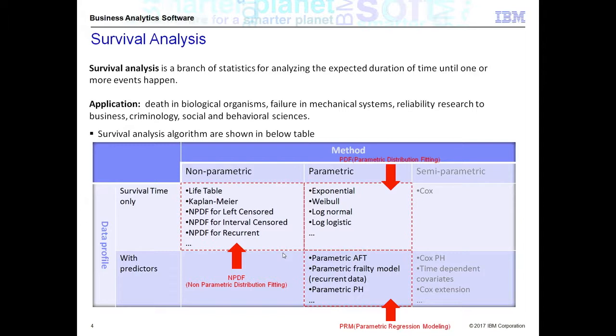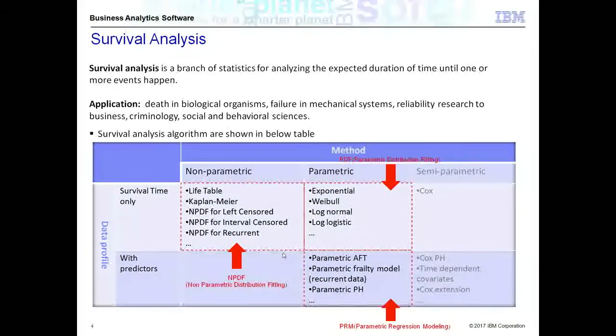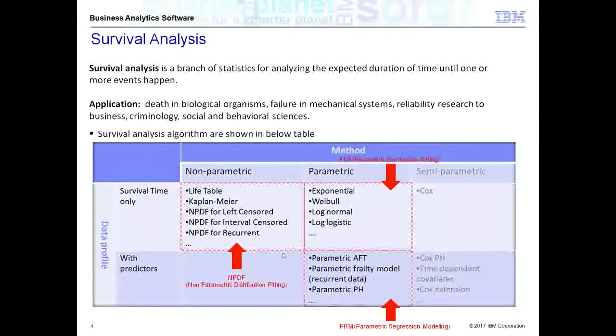What's more, survival analysis methods can be divided by whether they model with predictors. So the major methods of survival analysis are in the following chart. We have different components to handle different requirements of survival analysis. For non-parametric survival analysis without predictors, we have non-parametric distribution fitting.